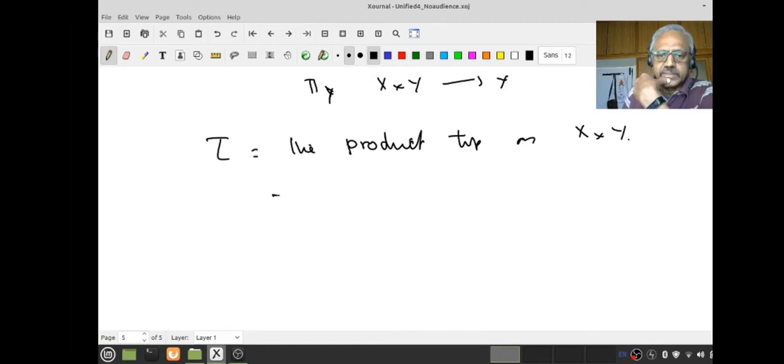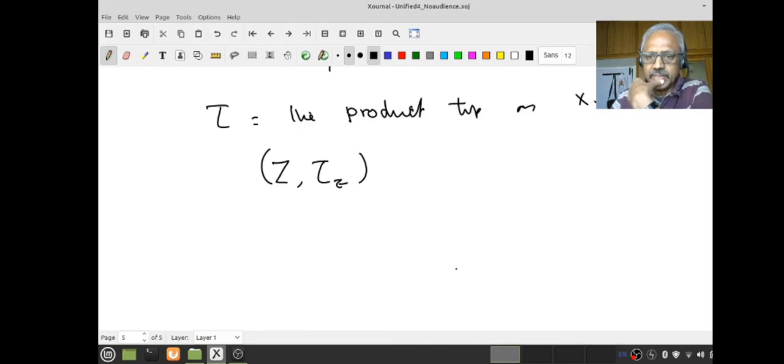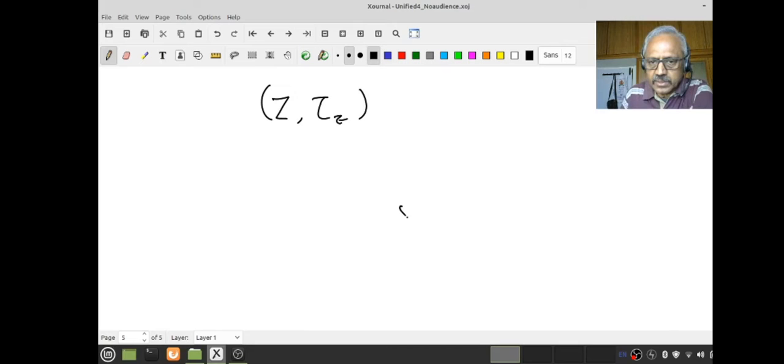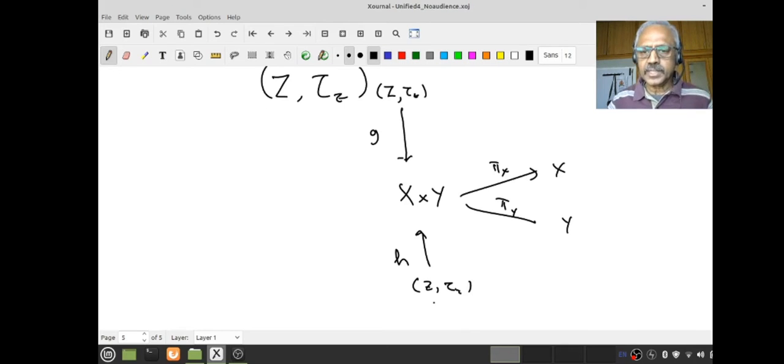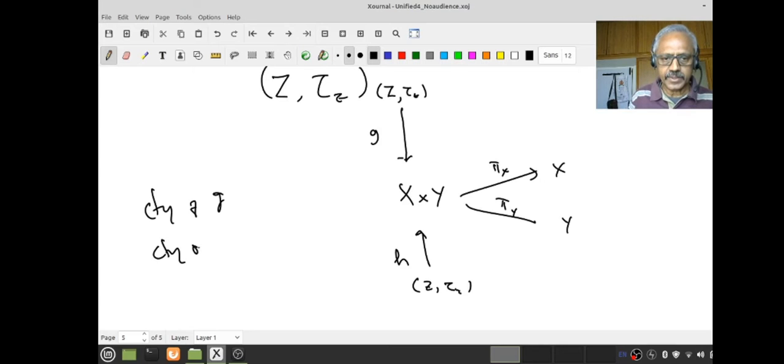So now let (Z, tau_Z) be a topological space. Then what are the two things I can talk about? Again, a picture will make life clear. Let us do that. So I have X cross Y, pi_X to X, and pi_Y to Y. Now there are two things I can ask for: maps g or h from Z. We are worried about continuity of g and continuity of h.